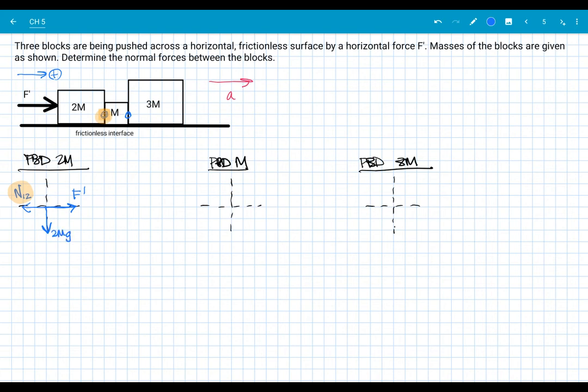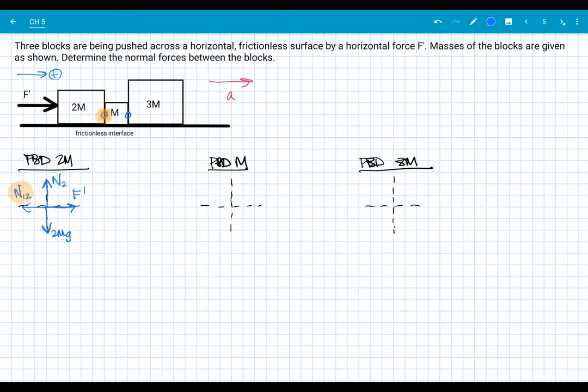That's our one invisible force. And then the surface beneath it is also in contact with that 2M block, right? That's exerting an upward force on it. And I'll call that N sub 2 there.